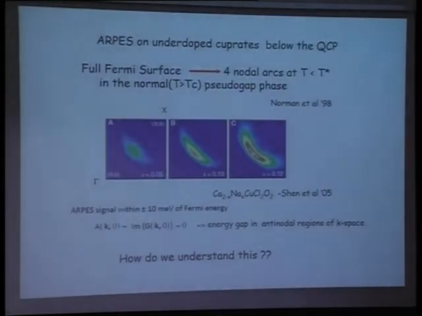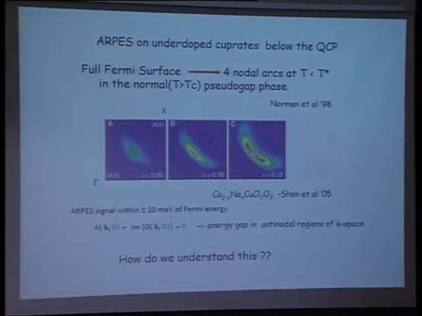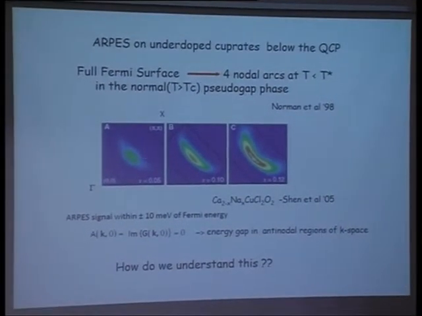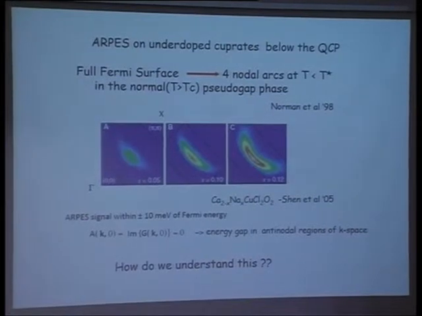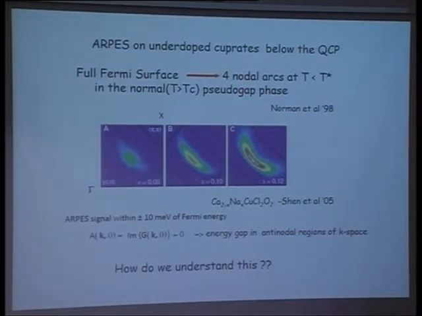So, of course, the most dramatic effect was the effect discovered by the group at Argonne in photoemission, that the full Fermi surface in the pseudogap region is reduced to a set of arcs centered around the nodal direction here. And this particular data is taken from Zhi-Xun Shen's group.